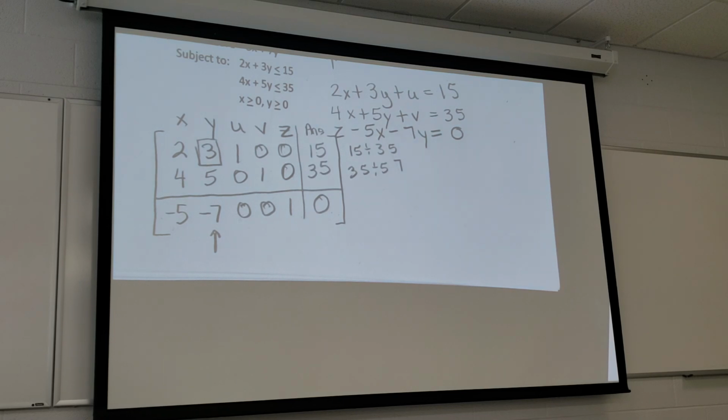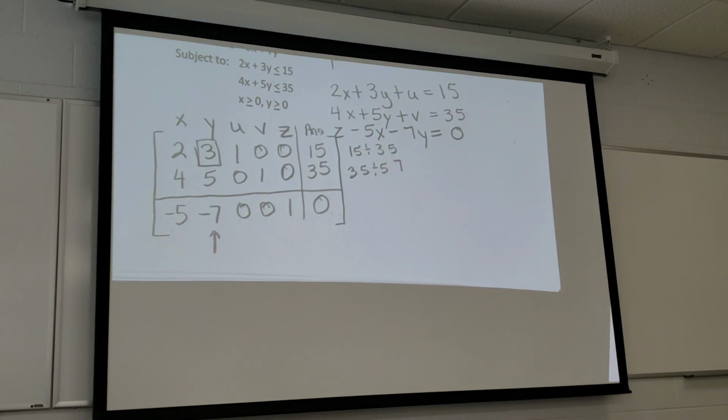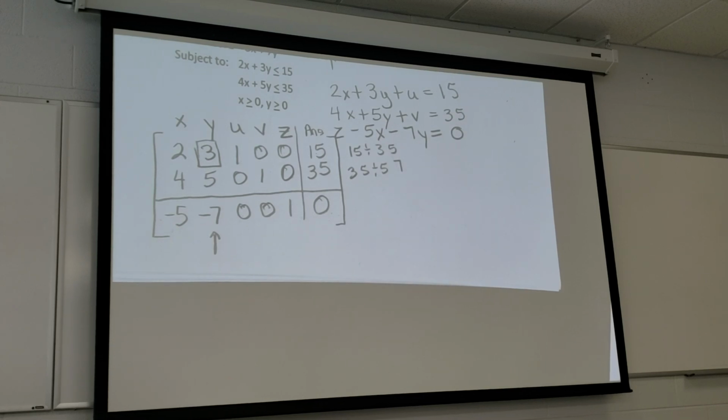And I'm stopped. Now we're not finished, okay? But for your quiz, when I say set it up, do not solve it, that's what I want. I mean, you have to put a box around the pivot element.